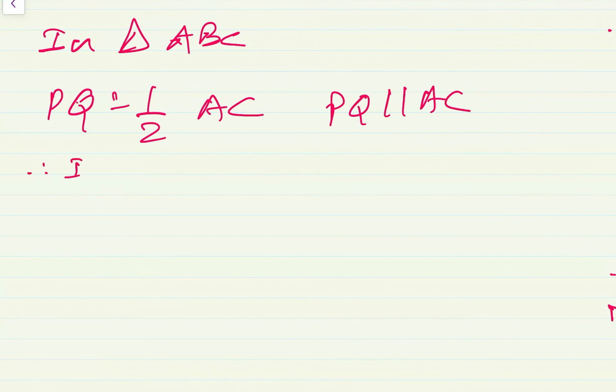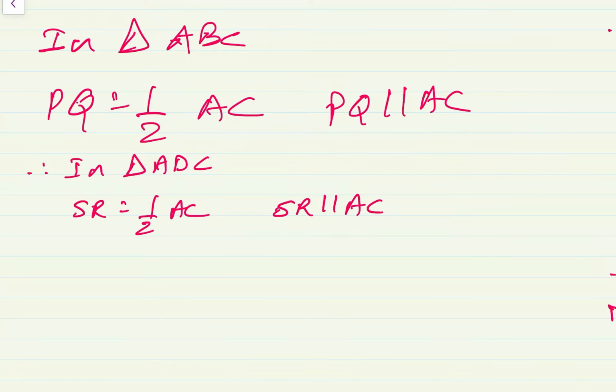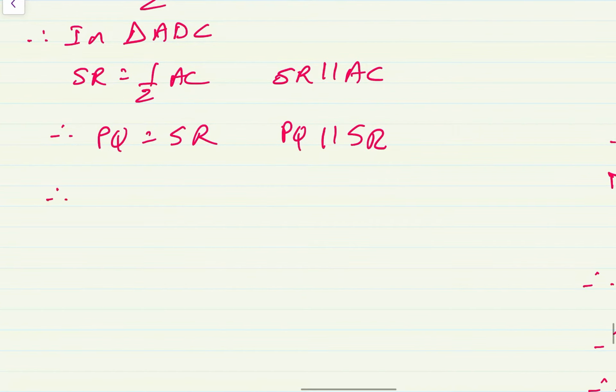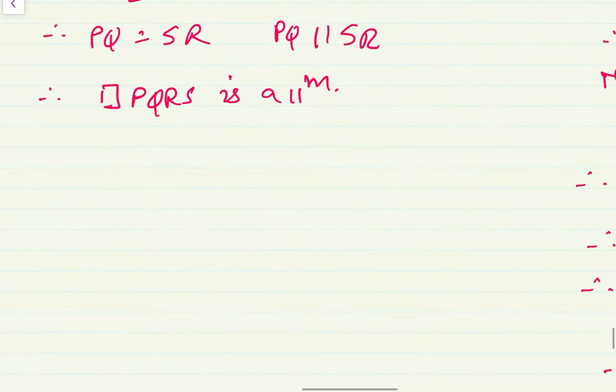Similarly, in triangle ADC, SR is equal to half AC and SR is parallel to AC. Therefore, PQ is equal to SR and PQ is parallel to SR. Therefore, quadrilateral PQRS is a parallelogram.